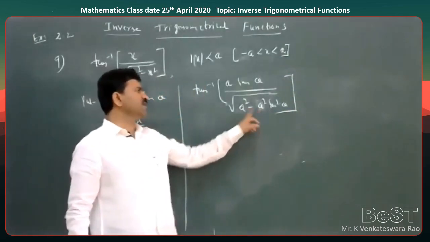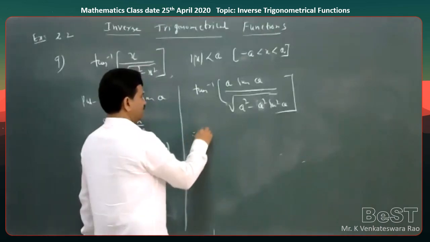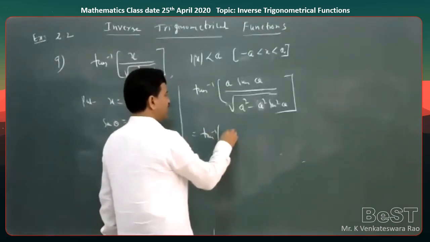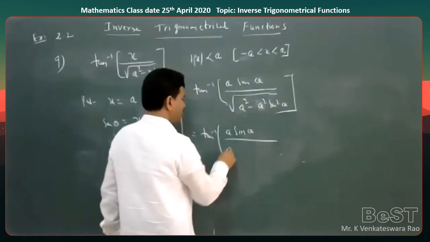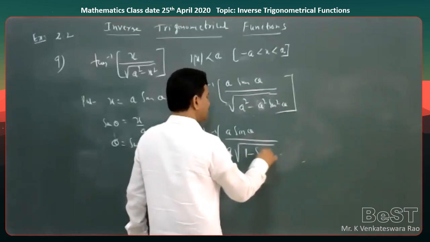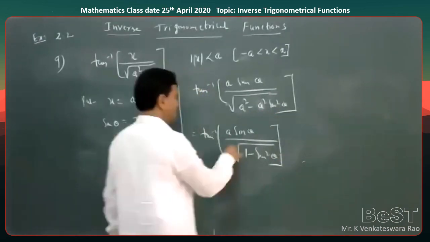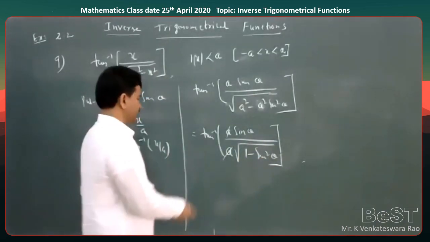First taking a square common, square root of a square means that will be a. This is tan inverse of a sin theta by a into square root of 1 minus sin square theta. A cancel. Square root of 1 minus sin square theta means cos theta.